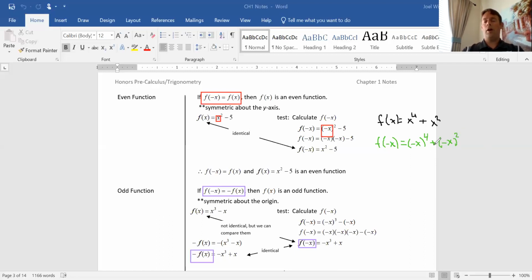And what do you know happens anytime you have an even exponent? What does it do to a negative number? So -1 times -1, that would be a positive 1. Every time you have an even exponent, a negative term becomes positive. Every time you have an odd exponent, a negative term stays negative. Try it. Say you take -1 squared. That would be 1.